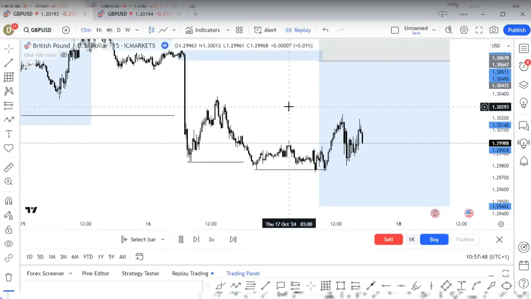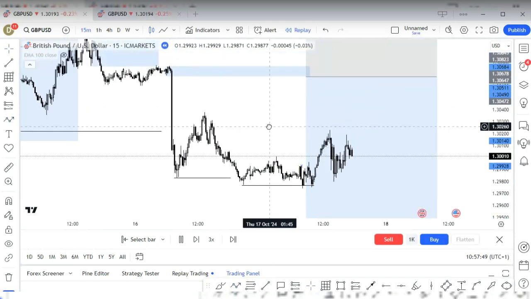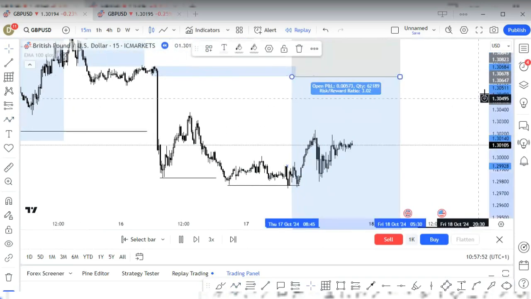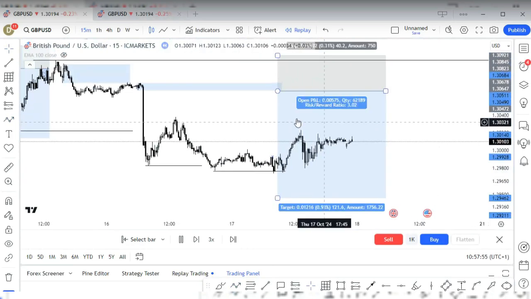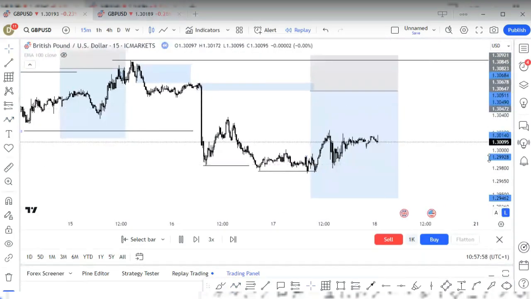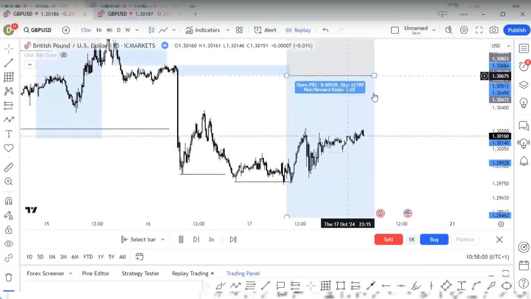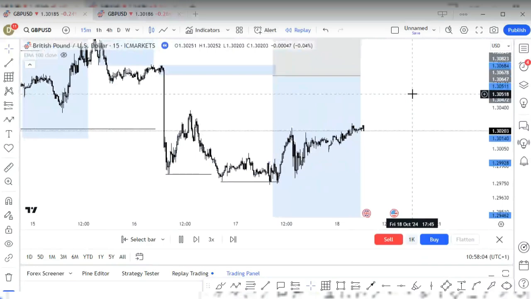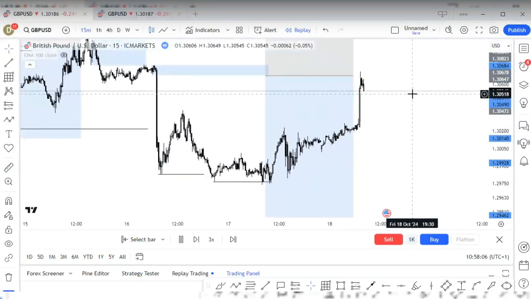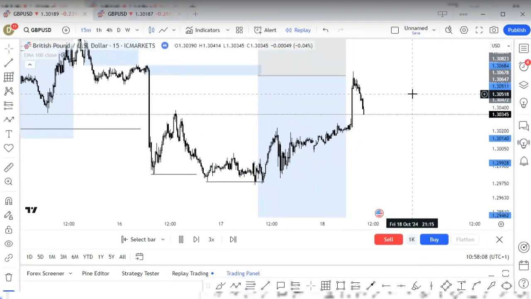So this is the trade I was expecting to enter last week Friday. I just set my limit order, and today, which is Monday, the limit has been triggered. So I'm just watching and seeing what the market is trying to do. You can see immediately we have a mitigation here.